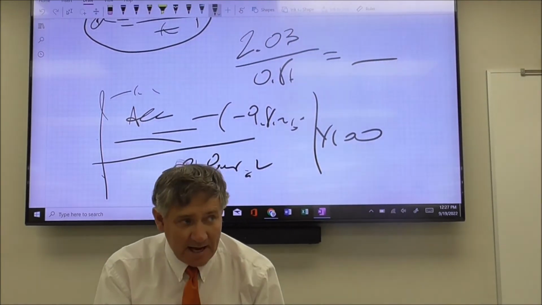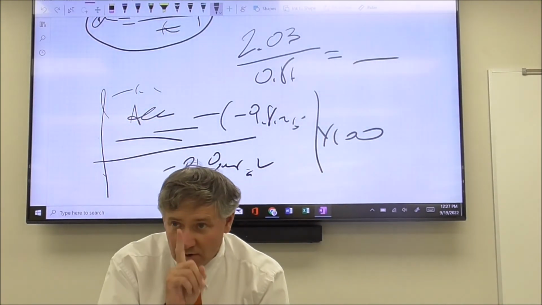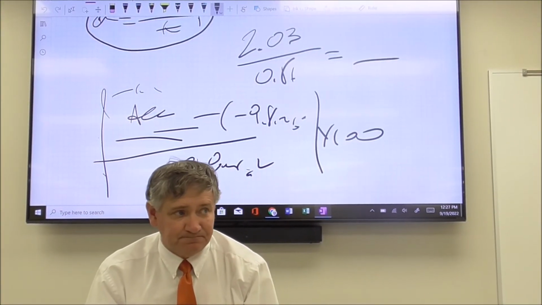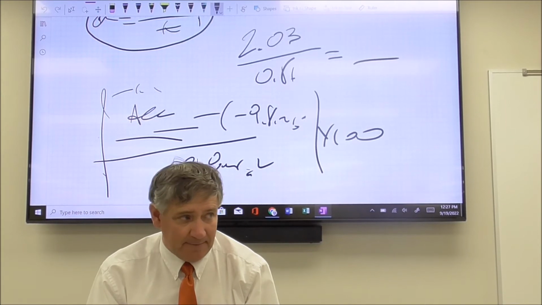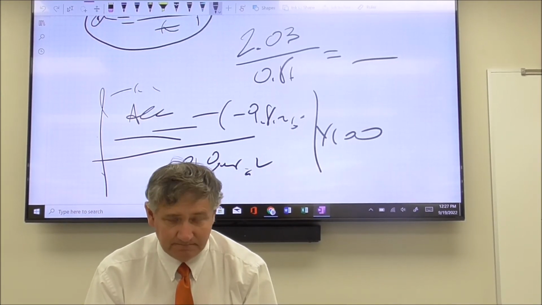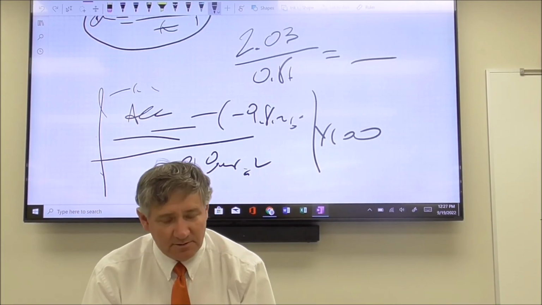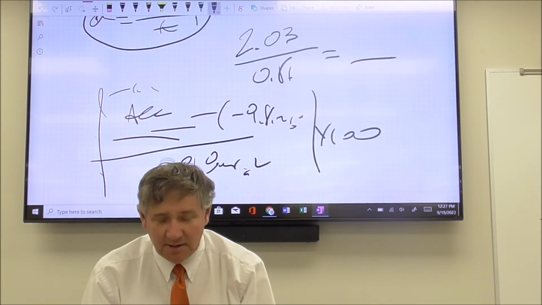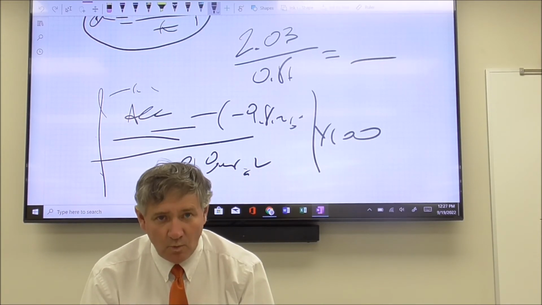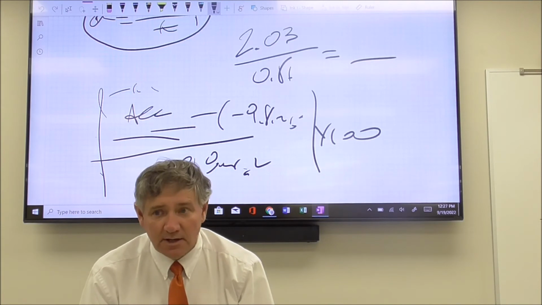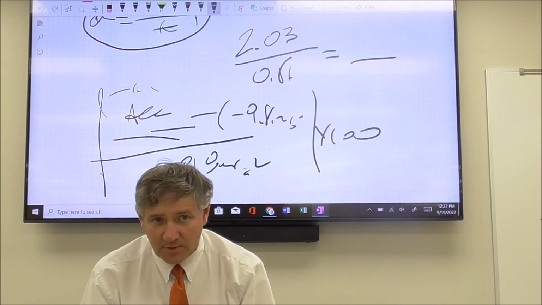So on the mini lab, that's the only time you're going to use negative 9.8. And make sure, for the love of physics, that I can see exactly what you have done in all of those calculations.